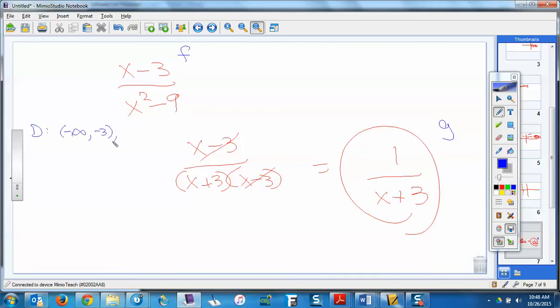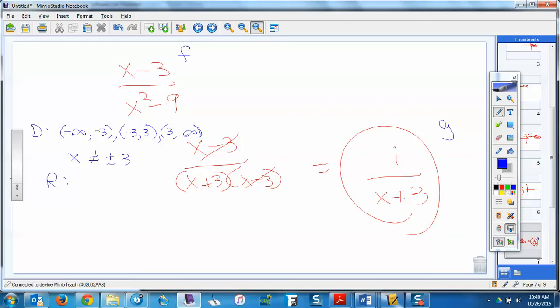So I could do this, then this, then this. Or, if you'd rather just say all reals except, like they did, x can't equal plus or minus 3, I'm okay with that too. All reals except positive and negative 3, whatever. This would be a way to say it, but this would be a way to say it too, right? I don't care.